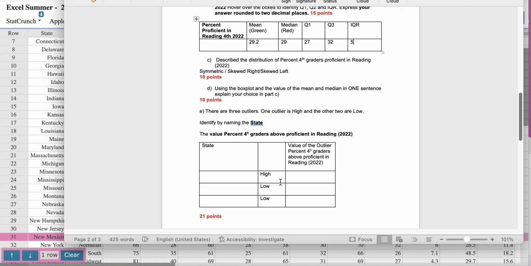Okay, well, in this case, it was not quite that way. I think there were 2 high outliers. Weren't there 2 high outliers? I believe so. There were 2 high outliers and 1 low outlier when we're talking about reading. And the 2 high outliers were Massachusetts, hope you don't mind if I abbreviate, and New Jersey.